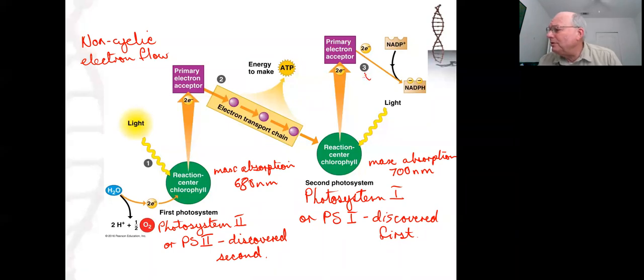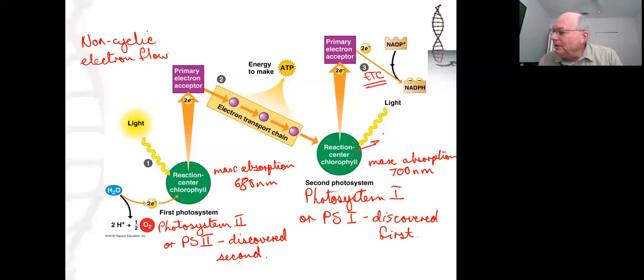So this is a short electron transport chain. And you should recognize those initials, ETC, for electron transport chain. And it passes the electrons on to an enzyme called NADP reductase, which tells you exactly what it's going to do. It's going to reduce NADP plus to NADPH using these electrons.